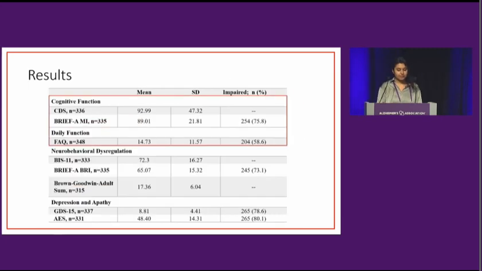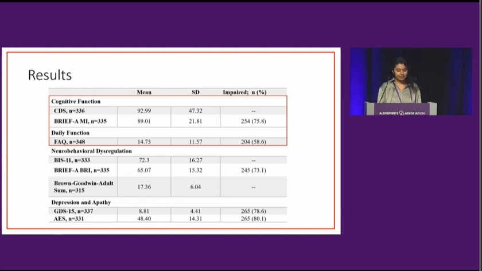We saw that cognitive impairment was common, with 75.8% of the sample having elevated T-scores on the BRIEF-A Metacognitive Index, and 58.6% had an FAQ score of greater than 9, which is considered meaningful functional impairment.